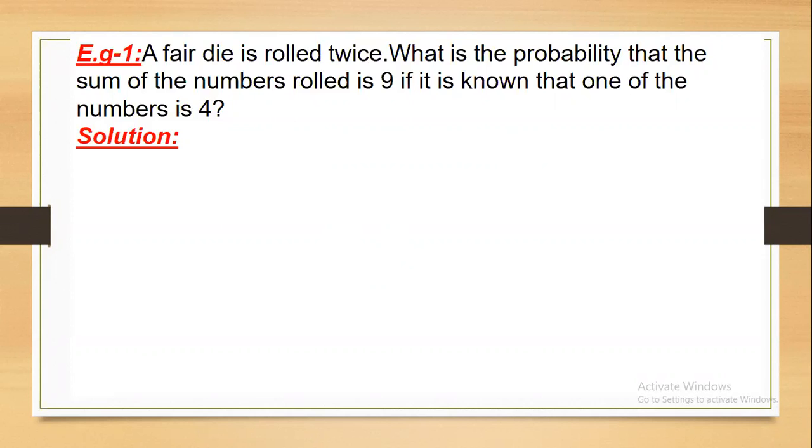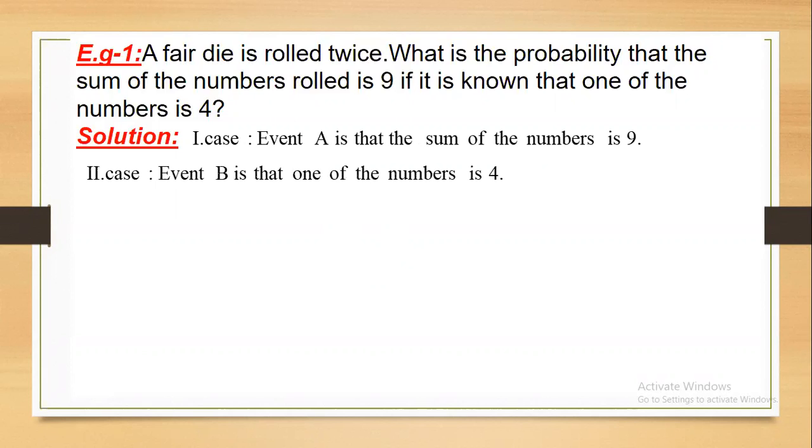Okay, for the first event, we call it event A. For the second event, we call it event B. Then let's calculate all possibilities. Let's find all possibilities for event A. The sum of numbers if a die is rolled twice may be 3, 6, 6, 3, 4, 5, 5, 4.